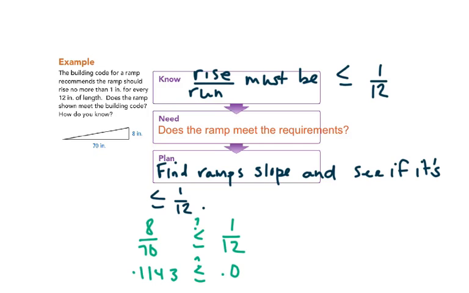So is 0.1143 less than 0.0833, etc.? And the answer is no, it is not less than or equal to, so therefore it does not meet the building code.